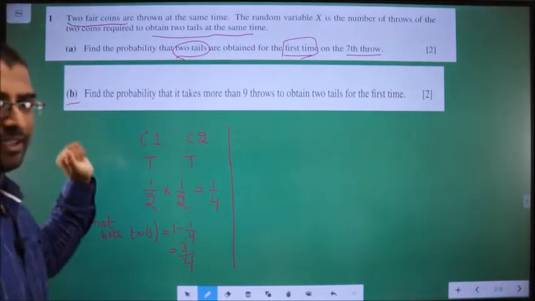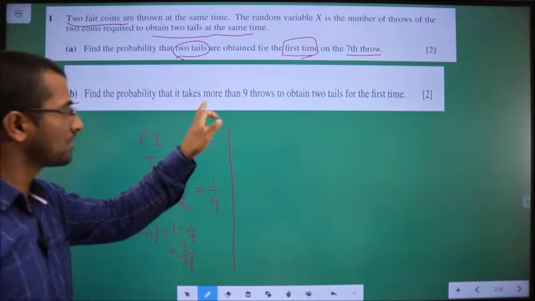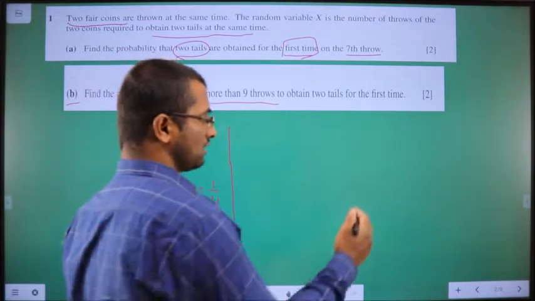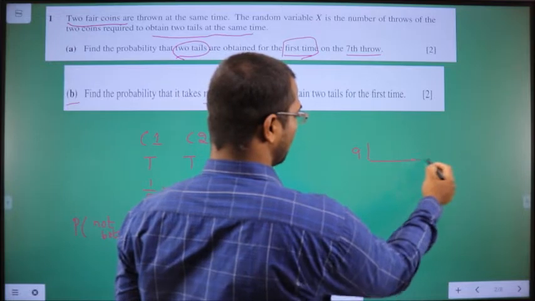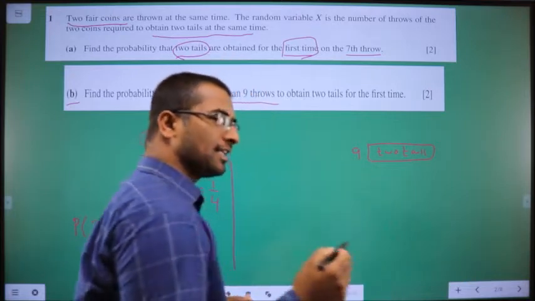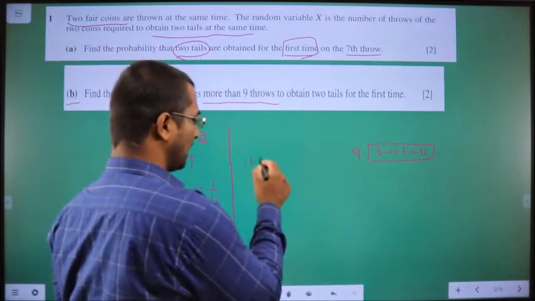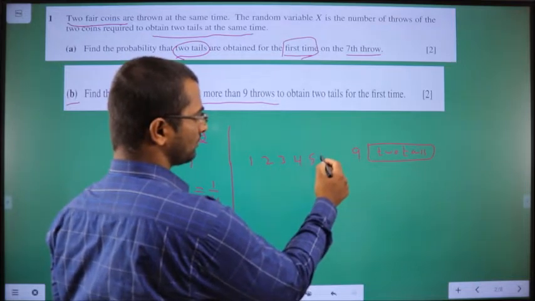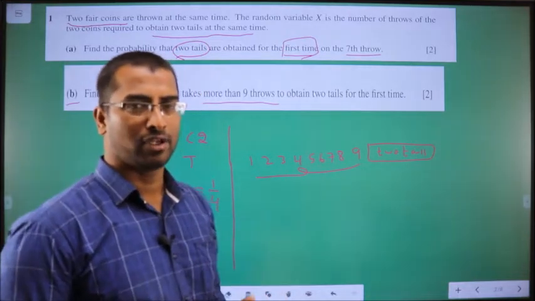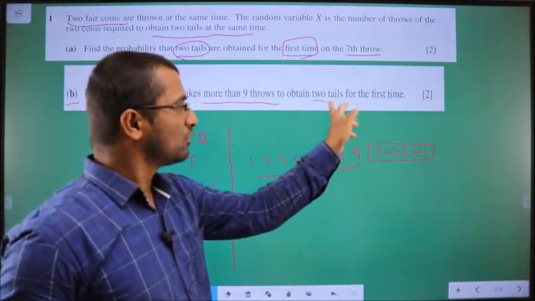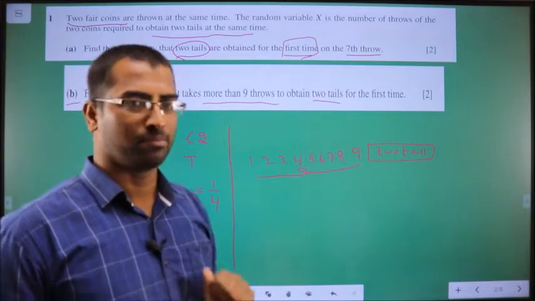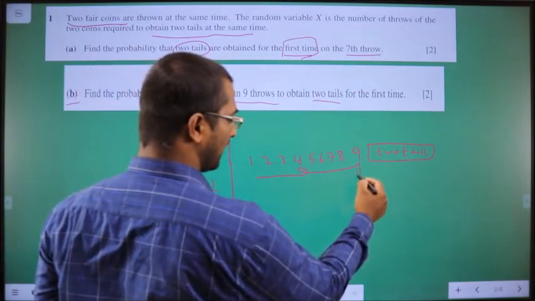Okay, this is the answer. Part b. Find the probability that it takes more than 9 throws to obtain two tails for the first time. That means after the 9th throw only he should get two tails for the first time. In other words, in the first 9 throws, he should not get two tails at all. So what is the probability of not getting two tails?